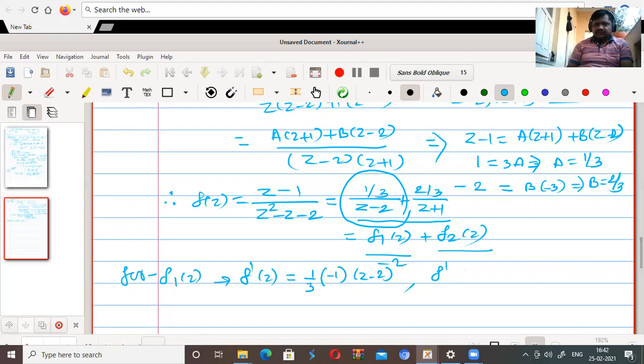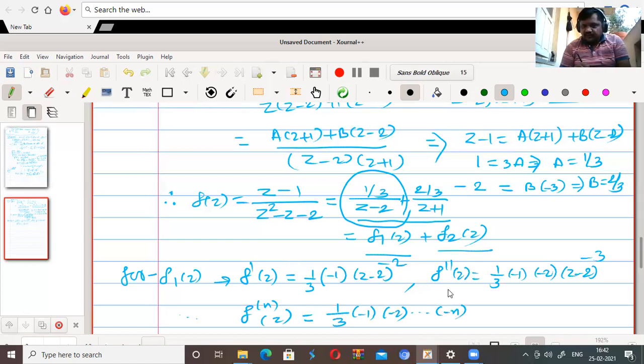What about the second derivative? 1 by 3, minus 1, minus 2, (z minus 2) to the power minus 3, and so on. What is the nth derivative? It is 1 by 3 into minus 1, minus 2, up to minus n, into (z minus 2) to the power minus (n plus 1).